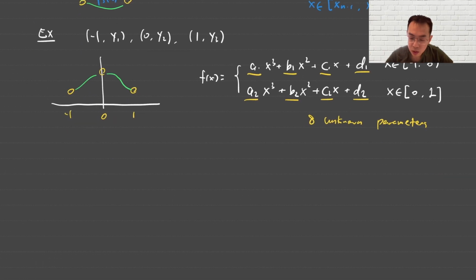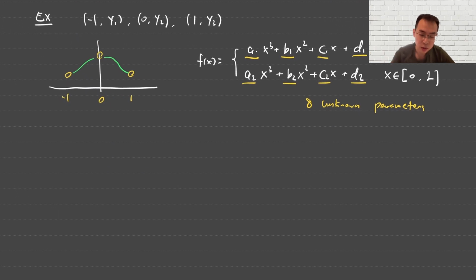But we have constraints, right? Let's spell out all the constraints to see what we're going to get. The first constraint is that yi equals f of xi. We need to pass through all the points.